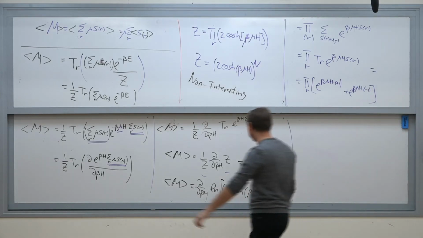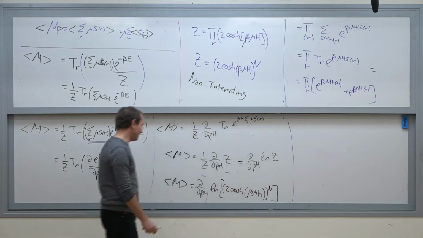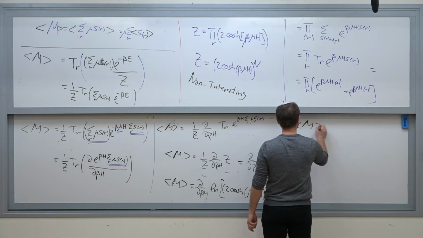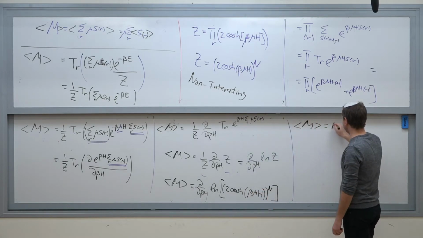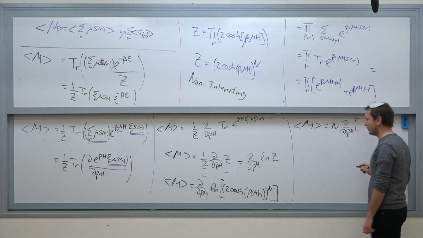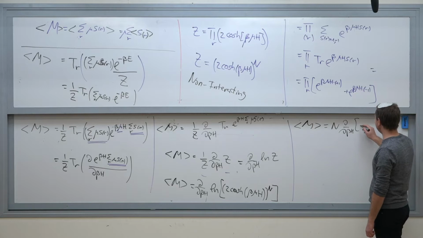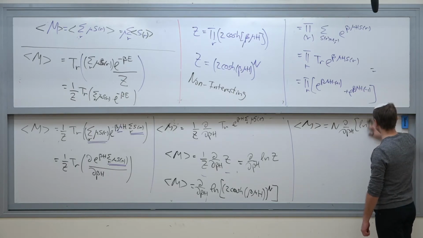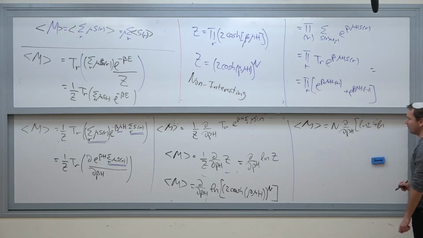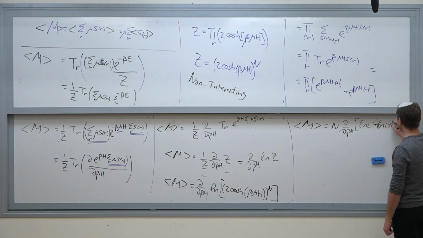Okay, so first of all, let's take n out of the picture. So M average is equal to n d over d beta h of what we have left inside the log: log of 2 plus log of hyperbolic cosine of beta mu h.